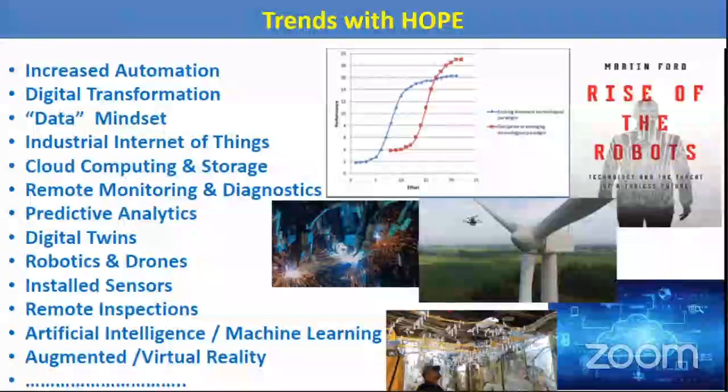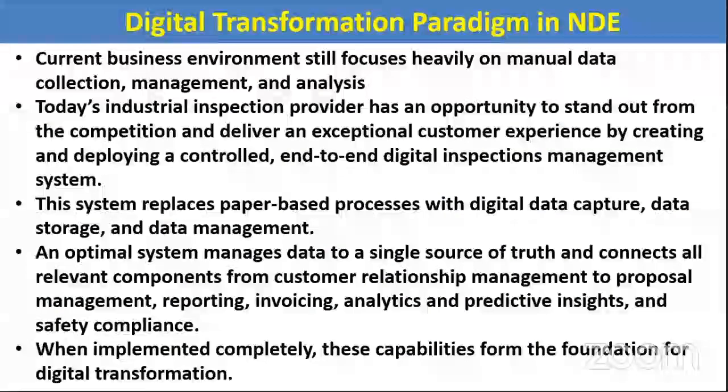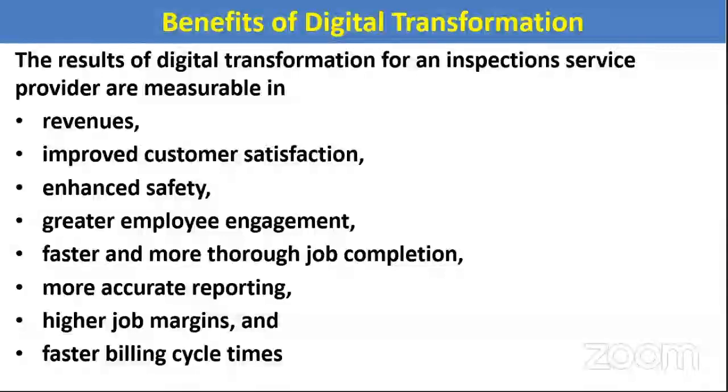So there are lots of trends, and all of them are with hope: the analytics, twins, drones, remote inspections, AI, etc. So the digital transformation paradigm in ND is going to be changing every day, and it has its benefits, be it in revenues, increased customer satisfaction, enhanced safety, accurate reporting, and faster billing cycle times, and so on.